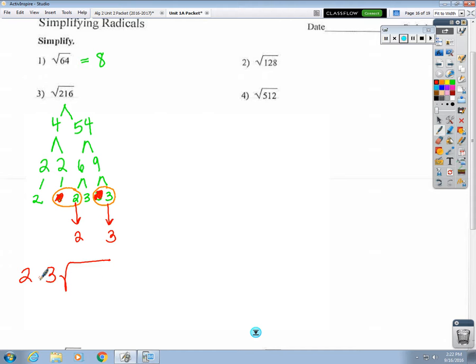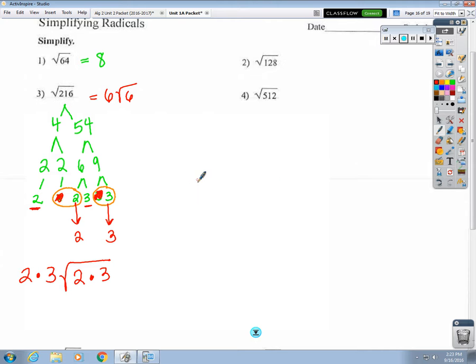They're outside the house. But look, this younger brother 2 and this other sister 3, they were being good. They weren't on the couch with their boyfriend or girlfriend, so they get to stay inside. Anything that gets kicked out multiplies together, and anything staying inside multiplies together. So your final answer for this is 6 square roots of 6.